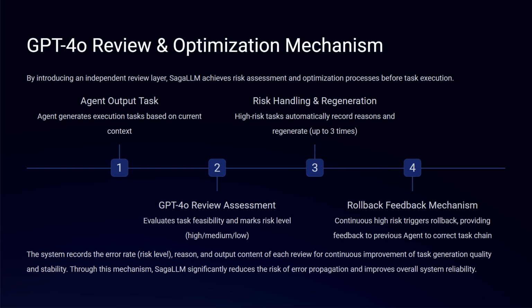And then we add a new layer called the review optimization layer. After every agent gives its output, we add one layer to evaluate the test feasibility and mark the risk label. For example, if agent A gives me an answer, I don't pass the answer to agent B directly.